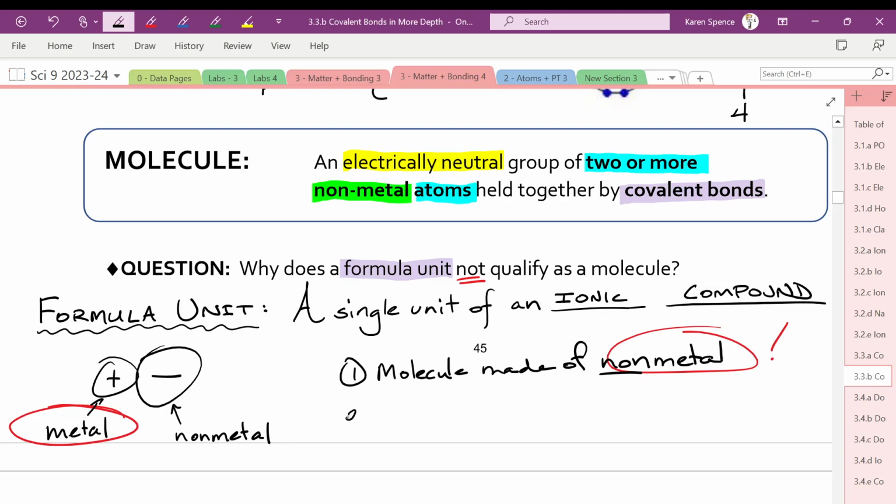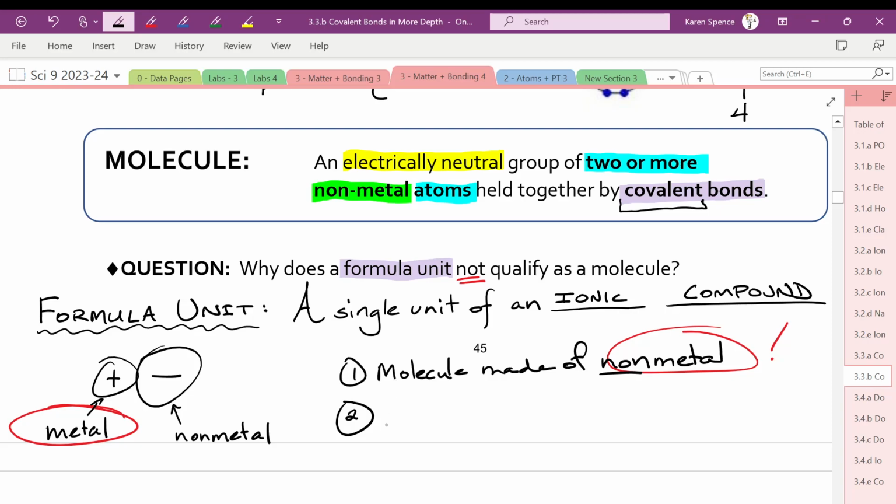There is a second reason. Milan, did you have a second reason? No? Okay. John, you look like you're dying to give me a second reason. Formula units are made of ions, but the molecule is made of neutral atoms. Yes, absolutely. So the molecule is held together by covalent bonds.